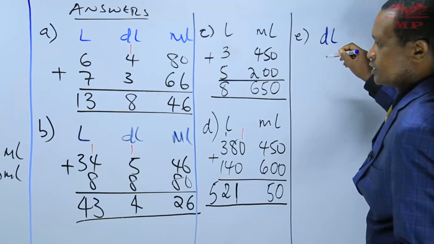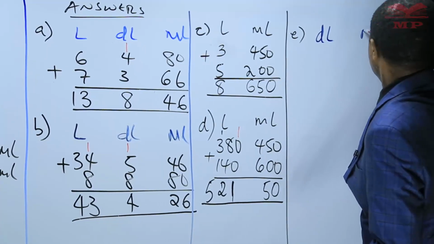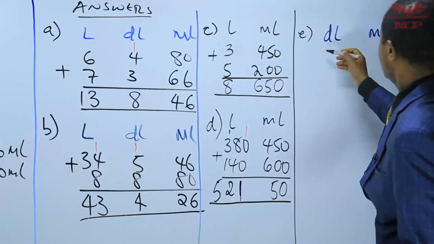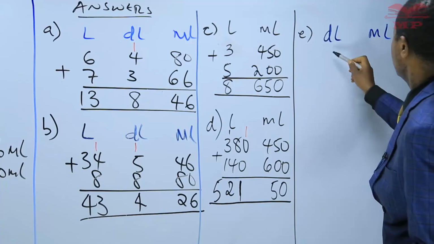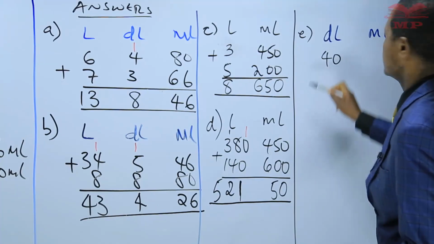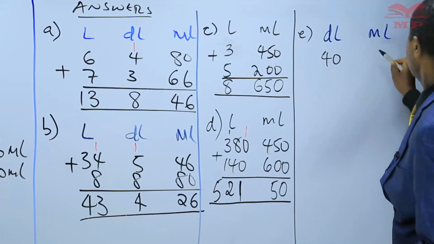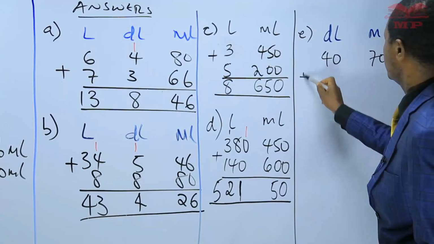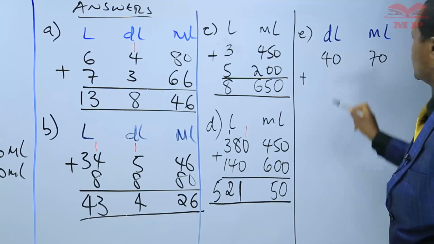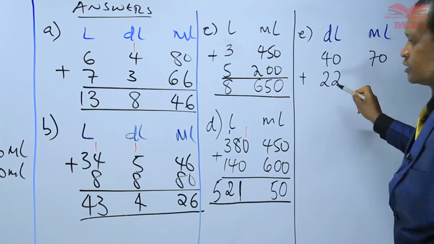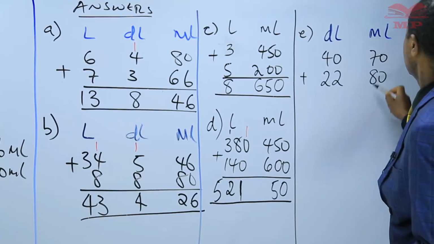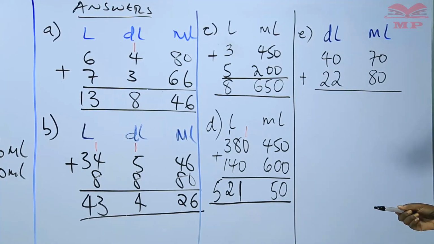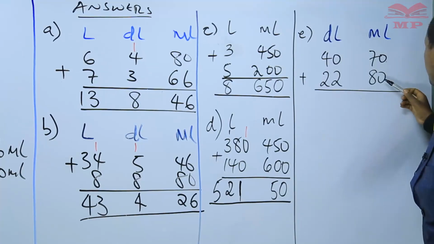Deciliters and milliliters. We have 40 deciliters and 70 milliliters. Add 22 deciliters and 80 milliliters. So 70 plus 80.